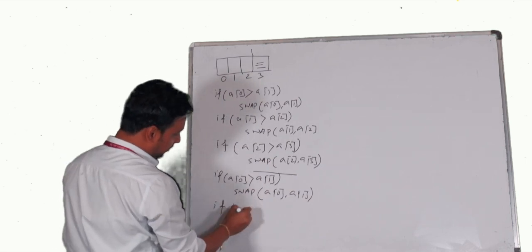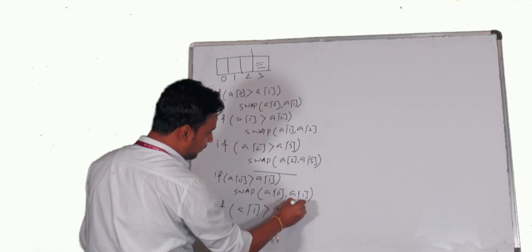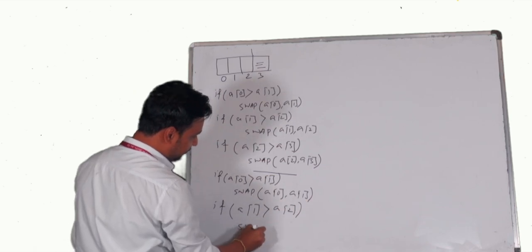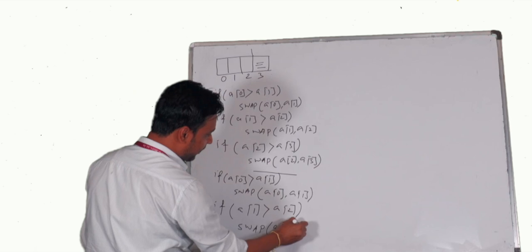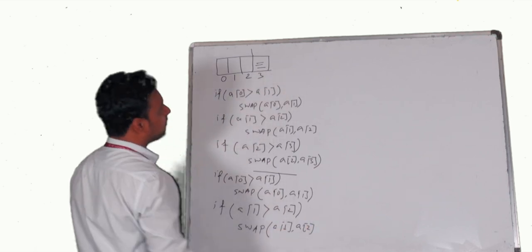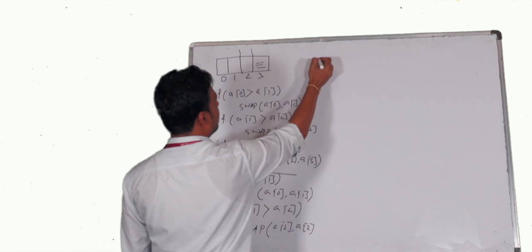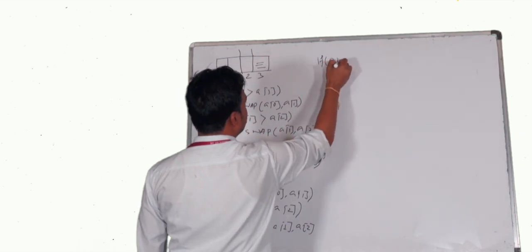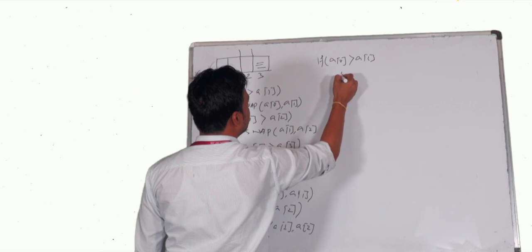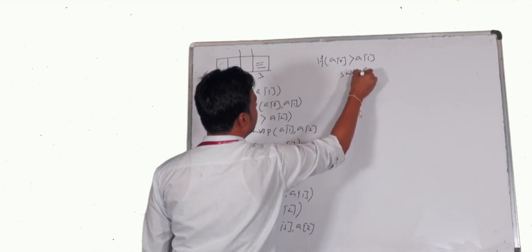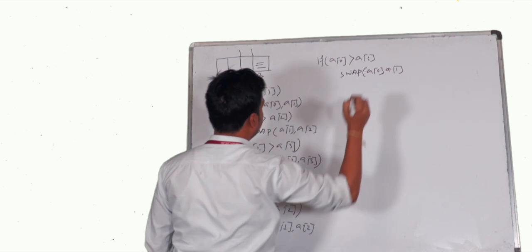Next, if a of 1 is greater than a of 2, we'll swap a of 1 with a of 2. And for the last pair of elements, if a of 0 is greater than a of 1, then swap a of 0 with a of 1.